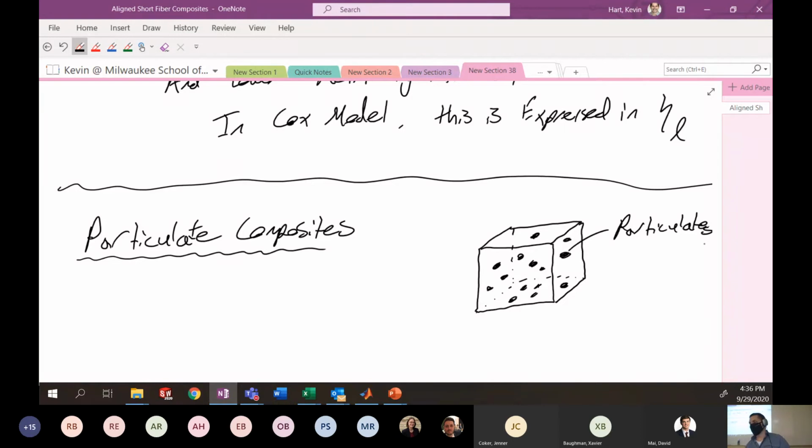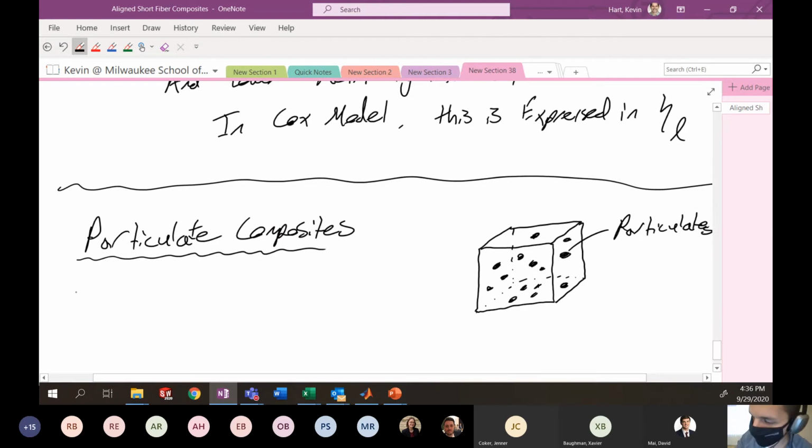All right. So obviously, because you have these zero-dimensional particulates, I'm calling them zero-dimensional because their aspect ratio is more or less 1, you still retain that isotropic behavior on the macro scale.